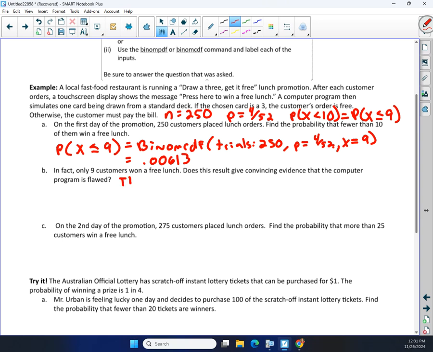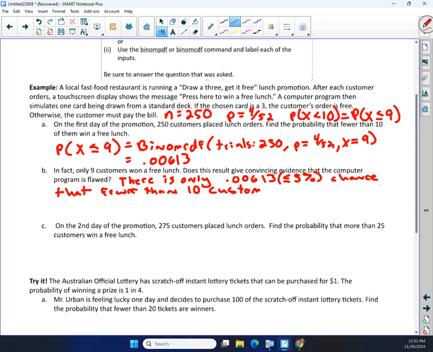So since there's only 0.00613, which is less than 5% chance that fewer than 10 customers win, we have convincing evidence, because it most likely didn't happen by chance.